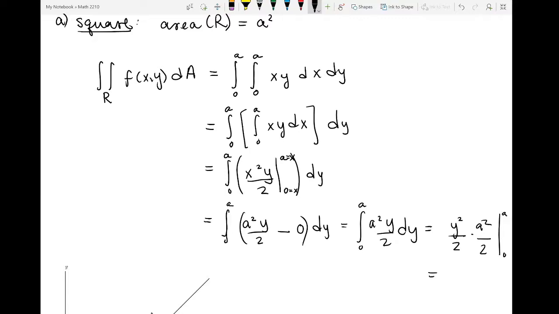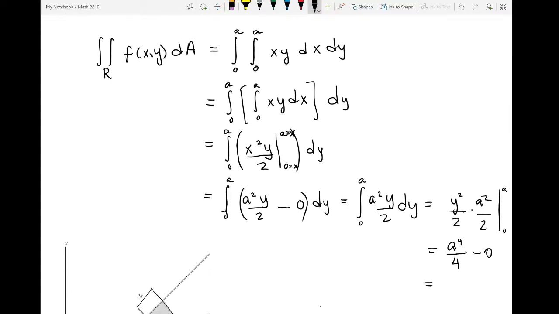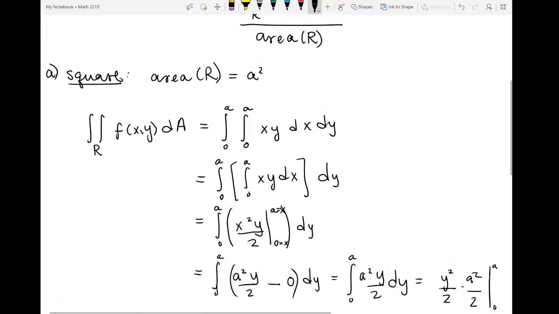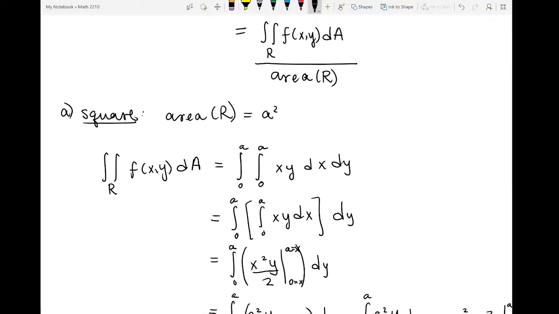When I put in a, I get a squared times a squared, which is a to the 4th over 2 times 2, 4. And when I put in 0, I get 0. That's the one part of my formula, that's the integration, but remember I still have to divide that by the area.